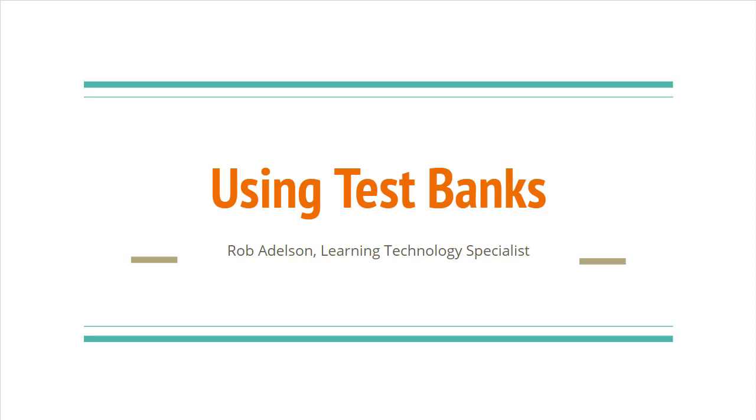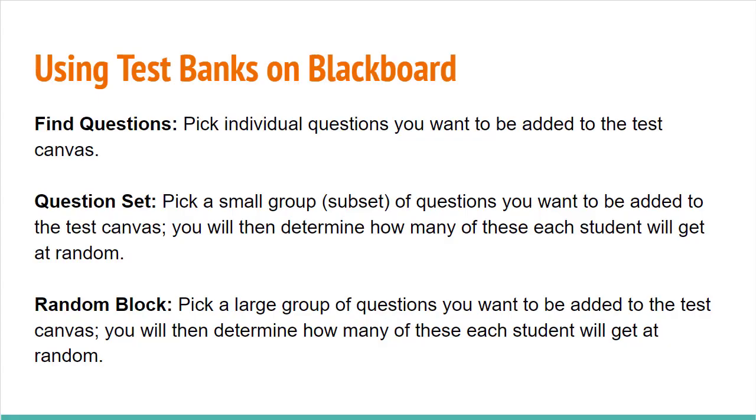There are three options when using test banks: find questions, question set, or random block. Find questions is when you sort, filter, and search to pick individual questions that you want to be added to the test canvas. A question set is when you sort, filter, and search to pick a small group, a subset, of questions you want to be added to the test canvas.